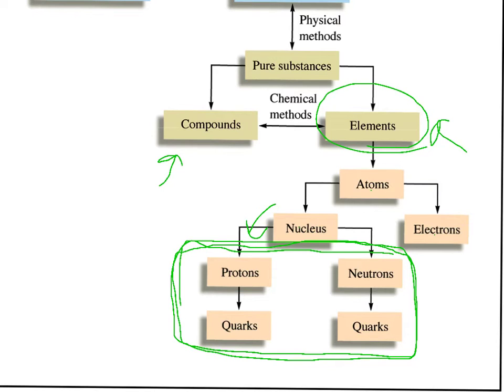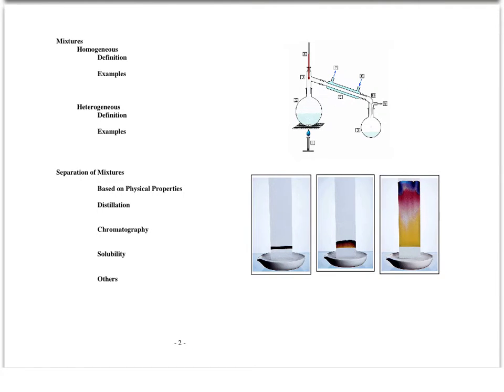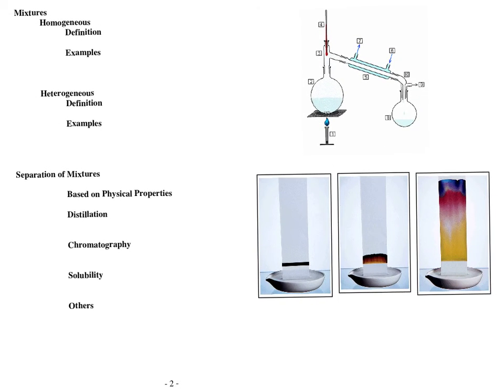So we're going to move on, and we're going to talk about mixtures. Okay. Mixtures, a little bit bigger. Mixtures can either be homogeneous or heterogeneous. Homogeneous means that they are the same composition throughout.